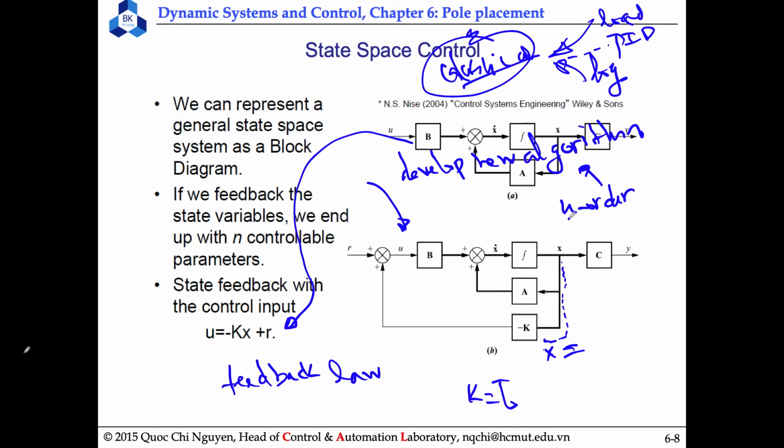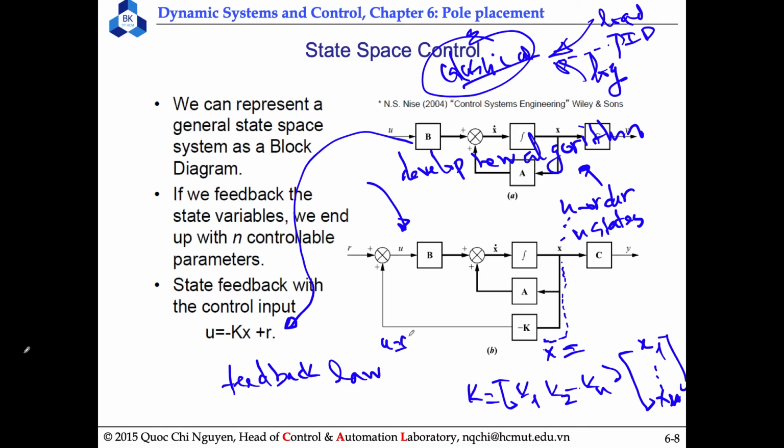N order will have n states here. Okay, so we have the K. K is a row vector from K1 until Kn. This will be multiplied with the state vector from X1 until Xn. And here we have the U.